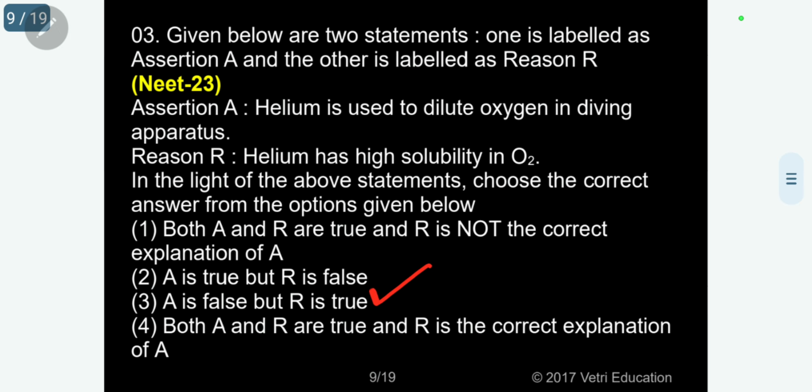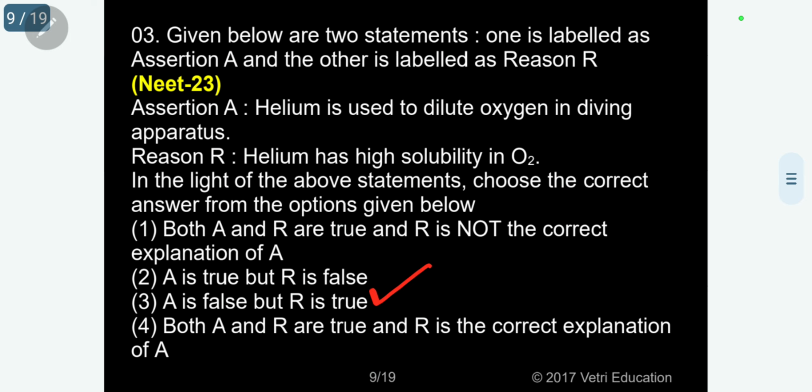Normally, in diving apparatuses, compressed air is commonly used. What is compressed air? Nitrogen 79%, oxygen 21%, and traces of helium. Whereas in deep diving or special cases, we will not use compressed air; we will use a mixture of O2, N2, and helium traces.